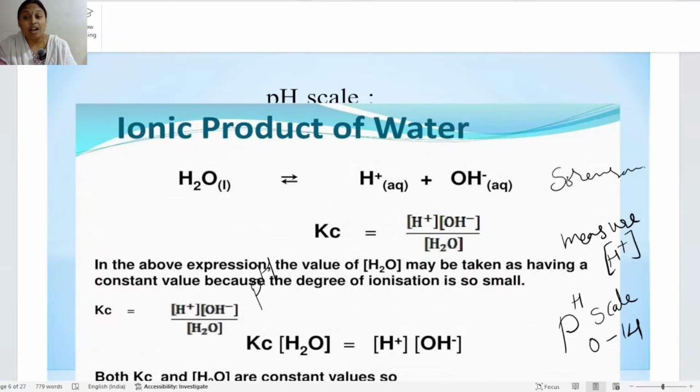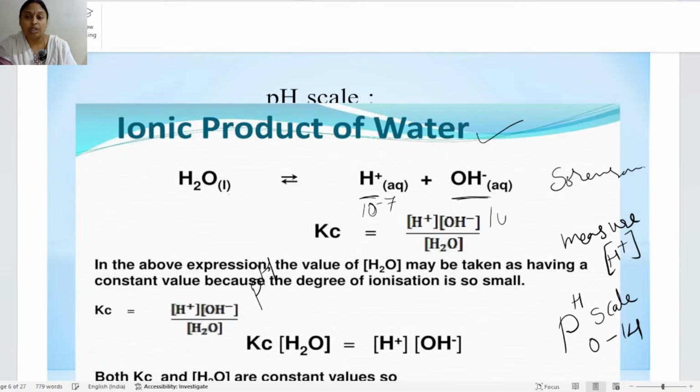Then how did we get these 0 to 14 units? Because of the ionic product of water. Generally if we take water, it can be dissociated into H plus ions and OH minus ions. The H plus ions concentration is usually 10 power minus 7.